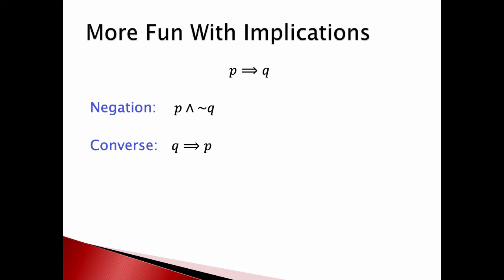An implication can be true and its converse can be false, and vice versa. But there is something we can do with an implication to turn it into something that's exactly the same truth value wise, and that's take its contrapositive. In other words, if we have P implies Q, we switch that around and make it not Q implies not P. And it turns out that if an implication is true, its contrapositive will be true and vice versa.